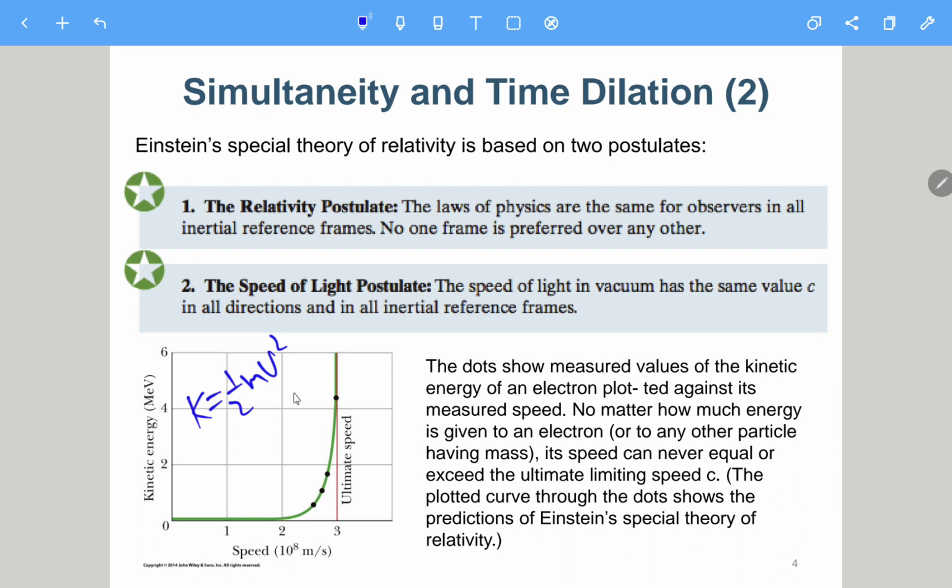You can just plug in the values. If you plug in c as 2.998 times 10 to the 8th power meters per second, and for the particle, maybe the lightest particle, the electron, 9.11 times 10 to the minus 31 kilograms, you know what the kinetic energy should be to reach the speed of light. But actually, the particle can never reach exactly the speed of light.